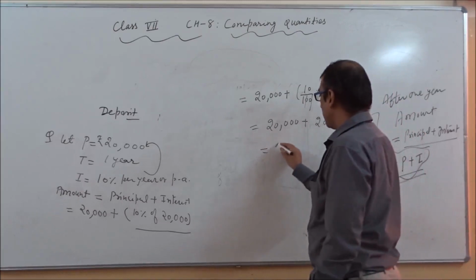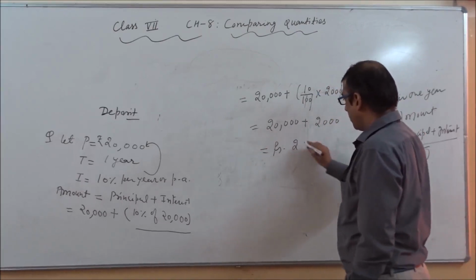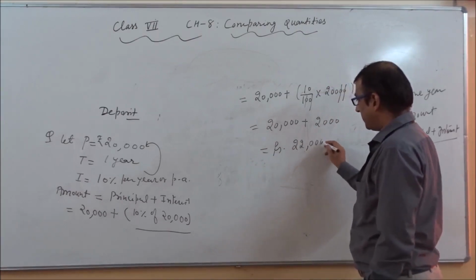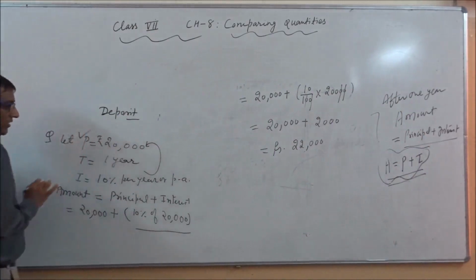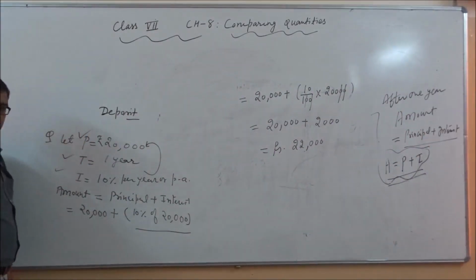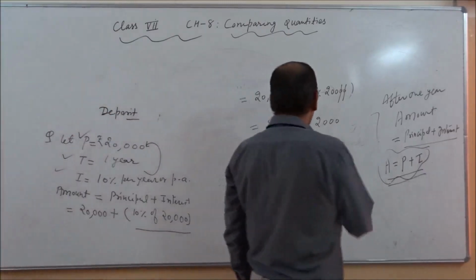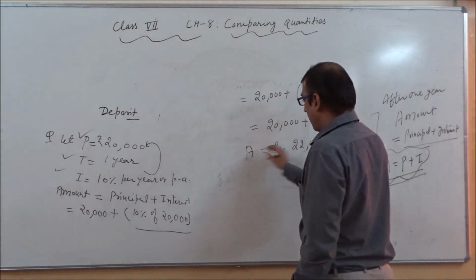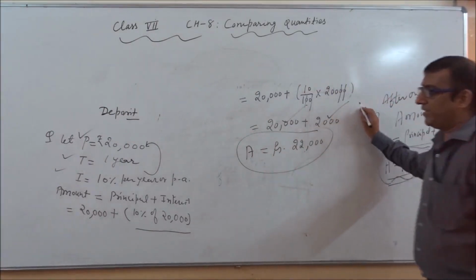It means after 1 year we will get 22,000 rupees. So if principal is 20,000, time is 1 year, interest is 10% per annum, then how will we calculate the amount? With the help of this procedure, we get the value of amount, which is the sum of principal and interest.